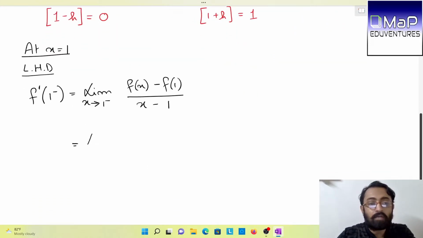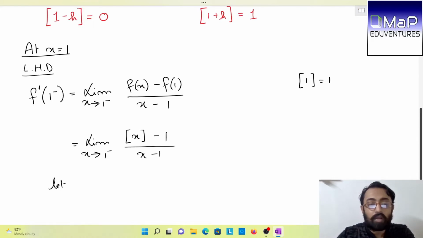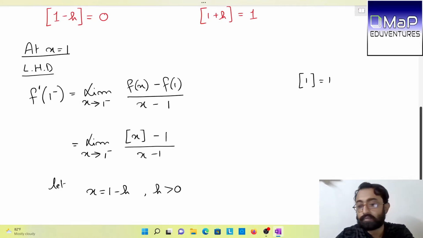Now, as x tends to 1 minus, the expression remains the greatest integer of x, minus f of 1. If we take the greatest integer of 1, then its value will be 1, so 1 divided by x minus 1. Now we have to substitute: let x equals 1 minus h, h greater than 0.